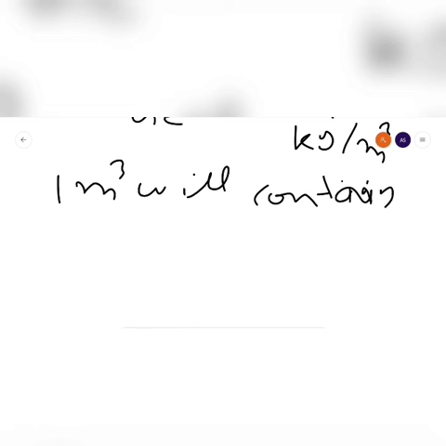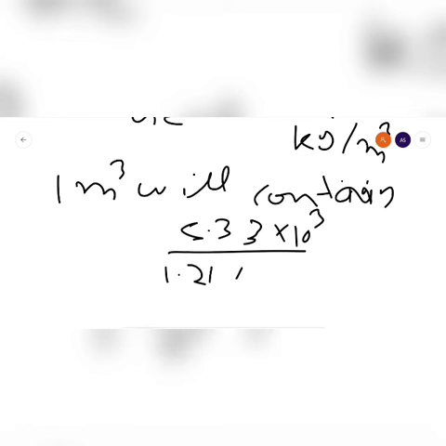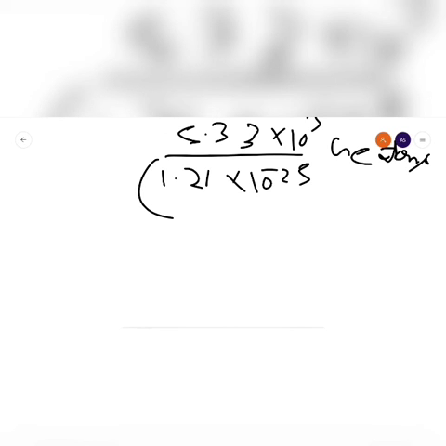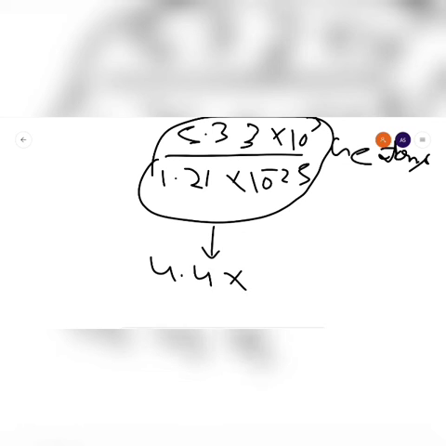It means that 1 meter cube will contain 5.33 × 10^3 divided by 1.21 × 10^-25 germanium atoms. Solving, you will get 4.4 × 10^28 per meter cube.